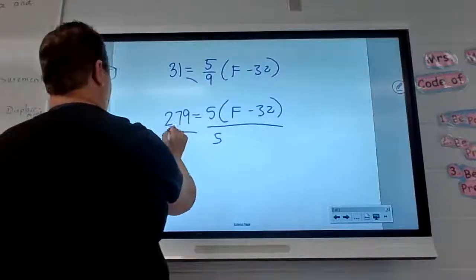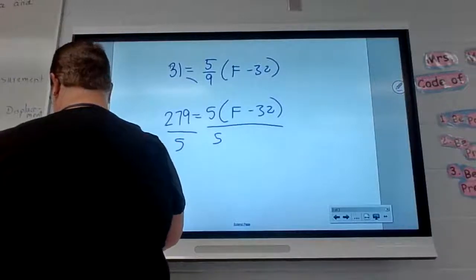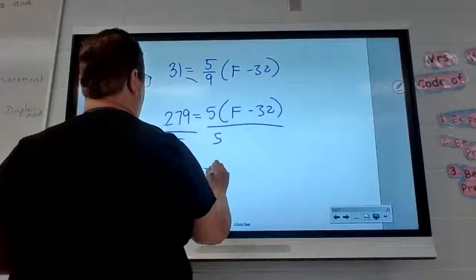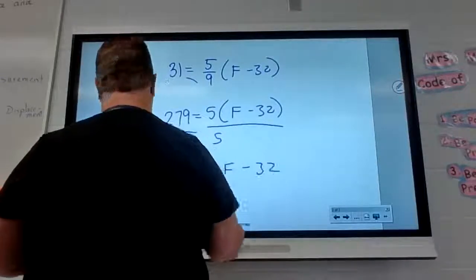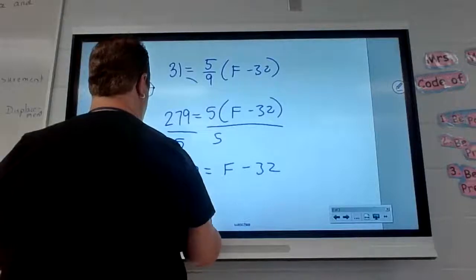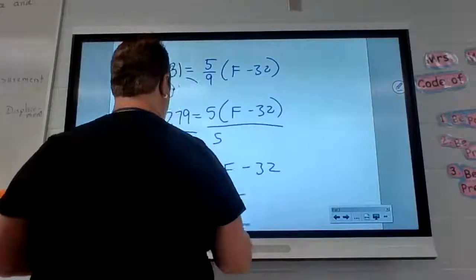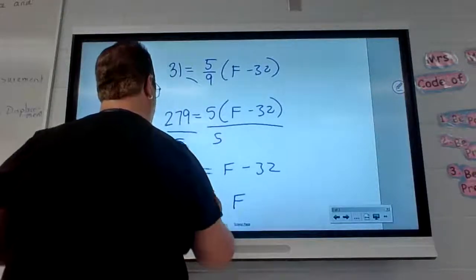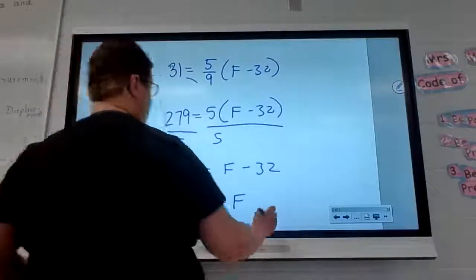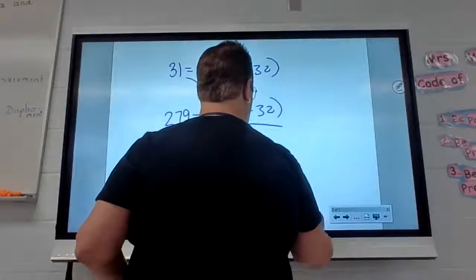I'm going to divide by 5 on both sides. So 55.8 equals F minus 32. Add 32 to both sides. 87.8 equals F. So degrees Fahrenheit. And I only needed 2 significant digits, so I'm going to say it is 88.